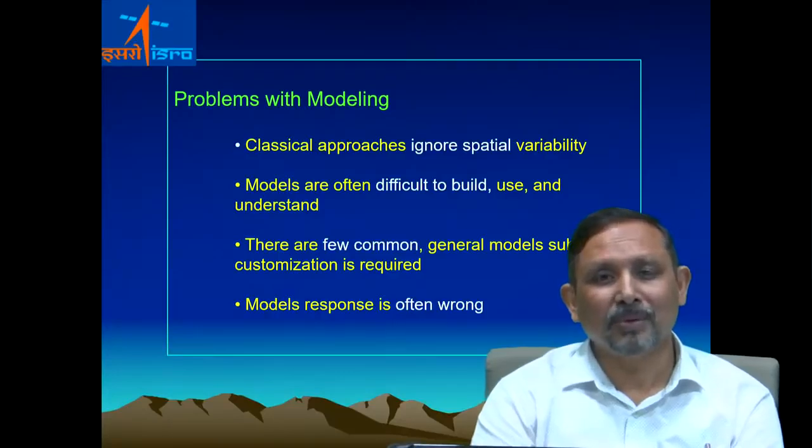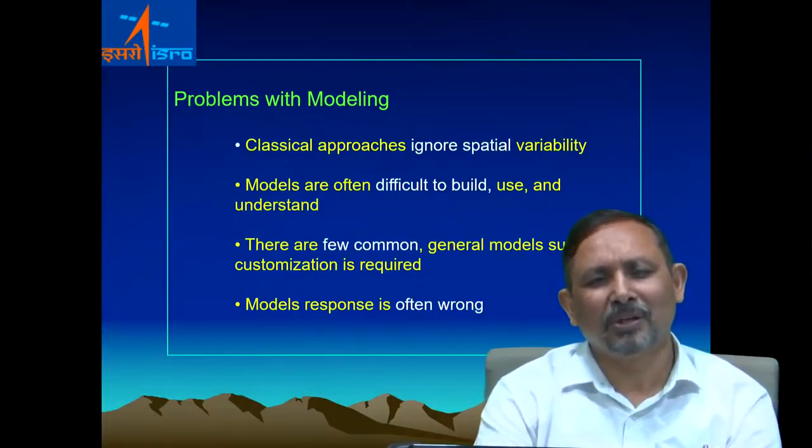Actually, all the models have been developed for a point, for a particular experimental site, experimental field, or research farm, where the researcher has developed the models to estimate the soil erosion rate.